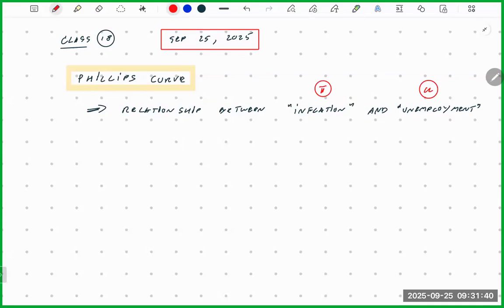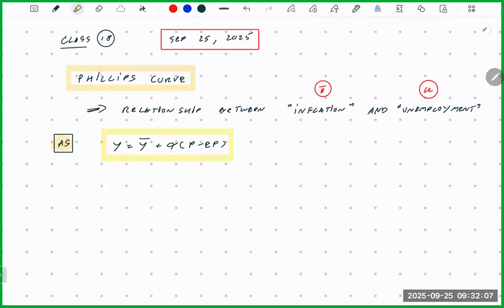So we're going to start with the aggregate supply that we learned last time. Last time we had the aggregate supply equation, right? Which is y equal to y bar plus alpha (P minus EP). This is what we had last time.